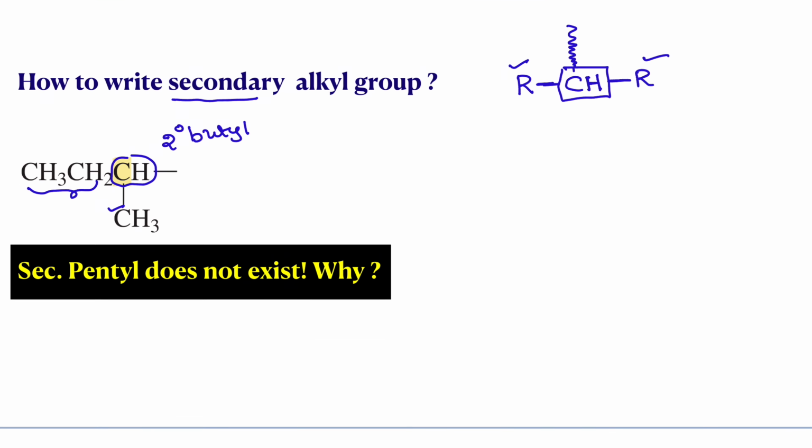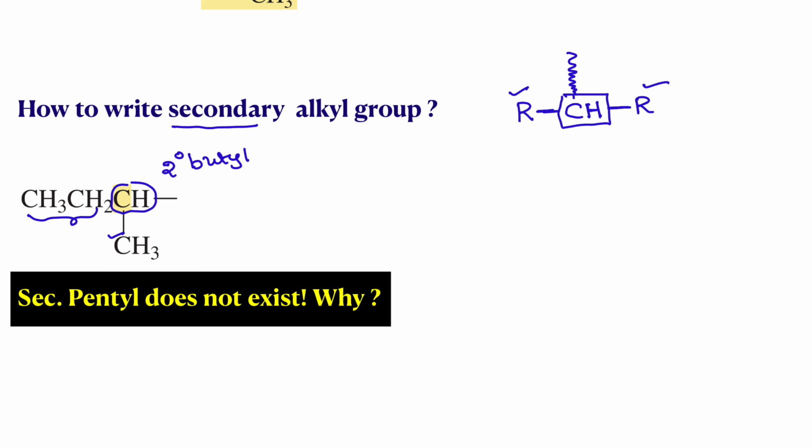If you take secondary pentyl, it does not exist. In the case of secondary, only the butyl group exists, but pentyl and hexyl groups do not exist. If you are talking about a secondary pentyl, secondary means we have to write a CH with 2 alkyl groups. Pentyl means 5 carbons. Already 1 carbon is written here, so 5 minus 1 is 4.